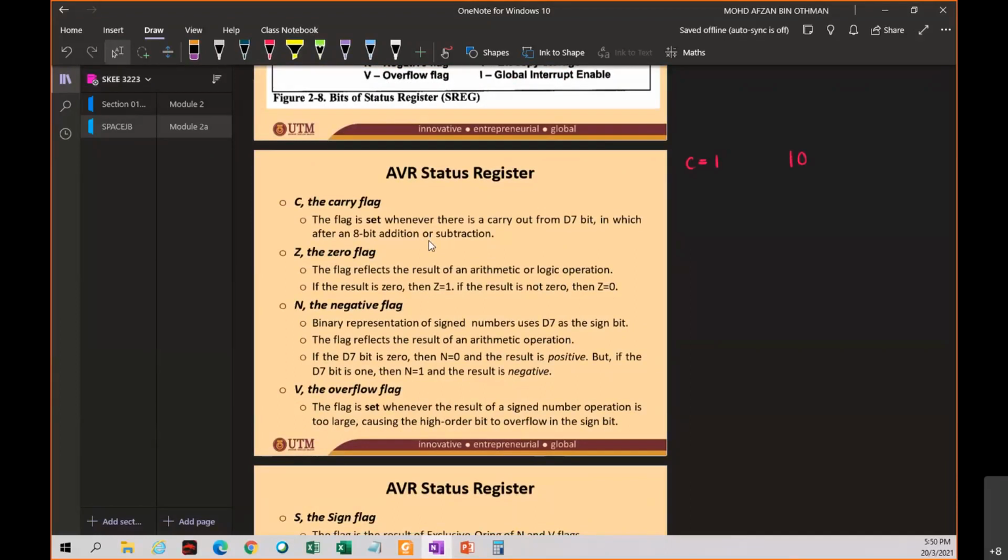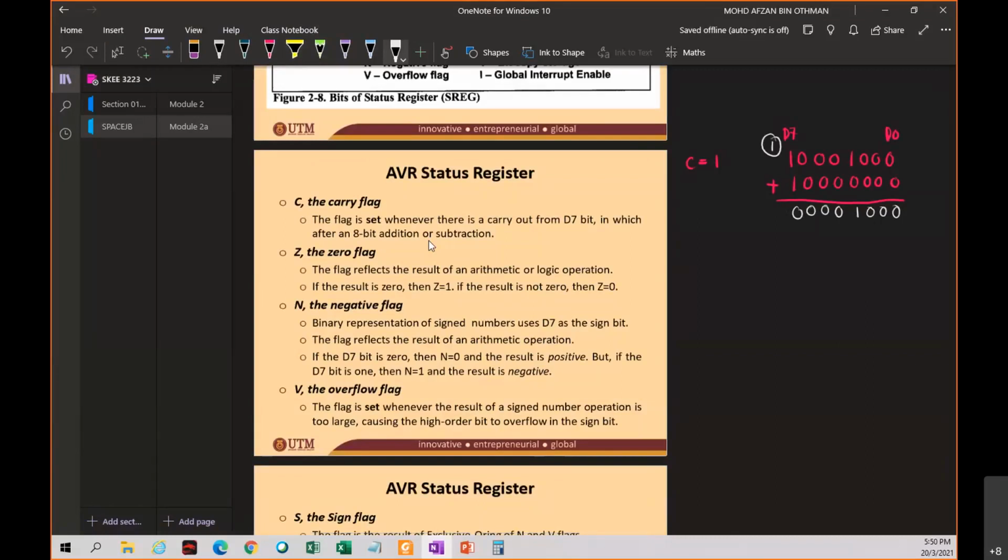For example, if you have a number, you're going to add it with this number here. D is bit 7, and bit 0. If you add these two numbers, what happens is you get 0, 0, 0, 1, 0, 0, 0. 1 plus 1 you get 1 and you have a carry there.